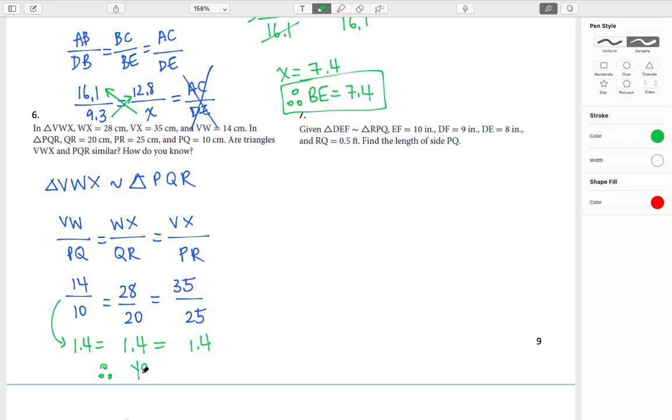Therefore, yes, they are similar because the proportionality constant is the same at 1.4, 1.4, and 1.4. Okay, and there you have it.